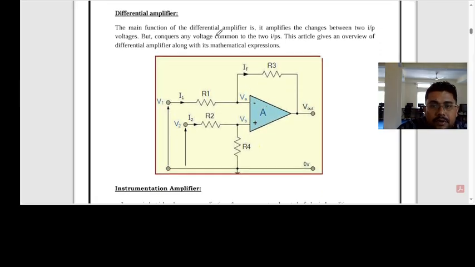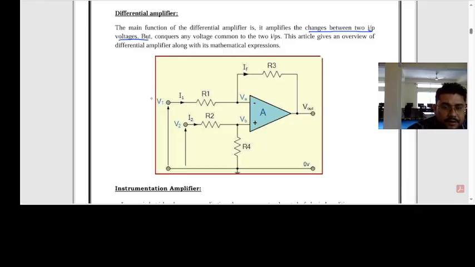The main function of the differential amplifier is that it amplifies the difference between the two input voltages. So this is the diagram of the differential amplifier.